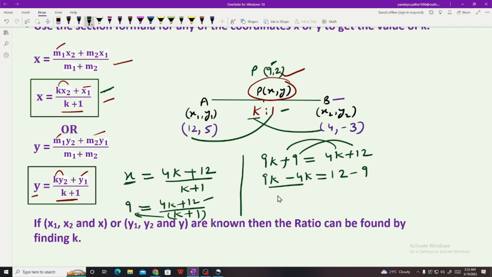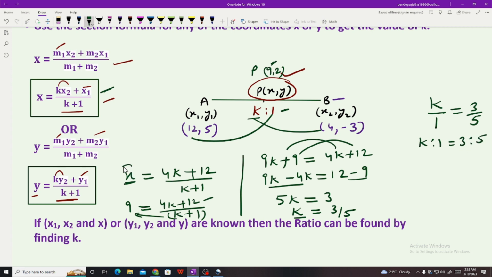So 9k minus 4k is 5k is equal to 12 minus 9 is 3. So the value of k is 3 upon 5. As soon as we get the value of k, since k can be written as k upon 1, which is equal to 3 upon 5, so k is to 1 is 3 is to 5.